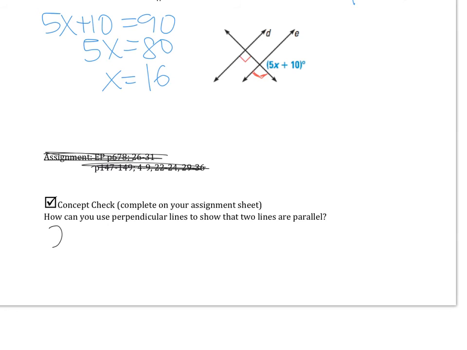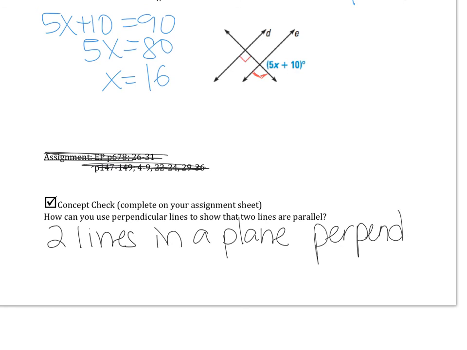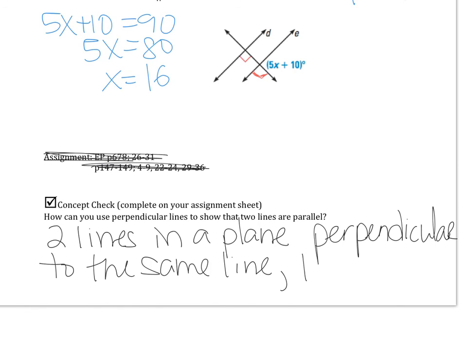It's pretty much two lines in a plane perpendicular to the same line. The two lines are parallel.